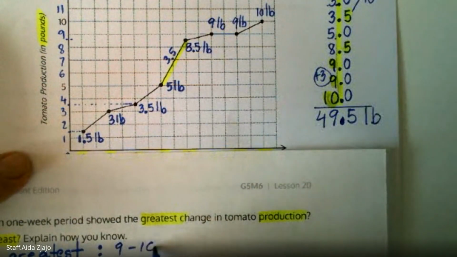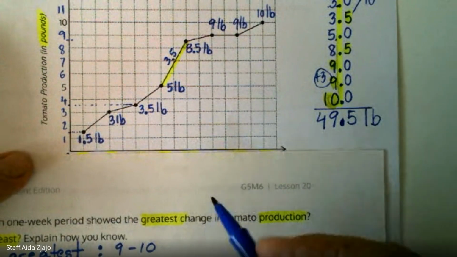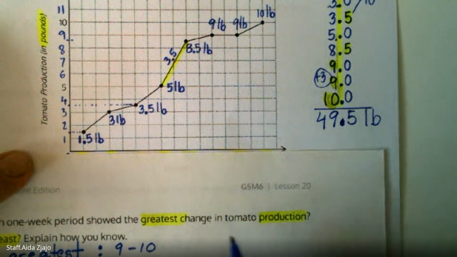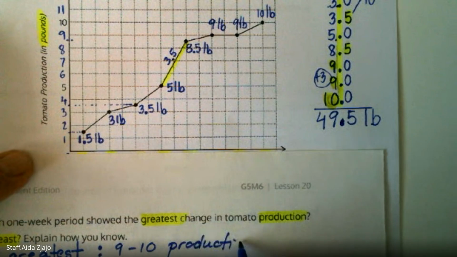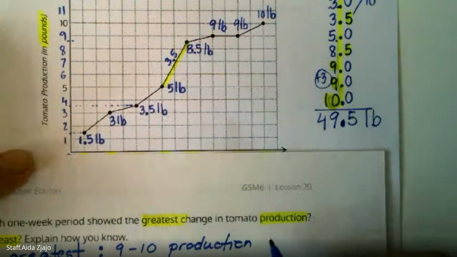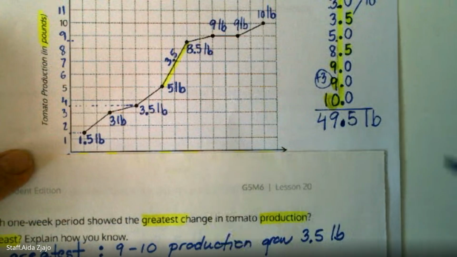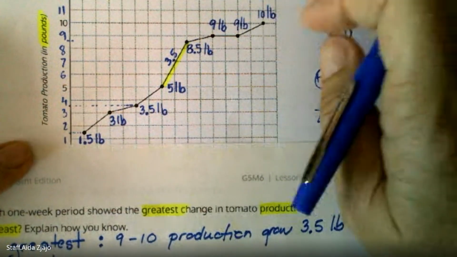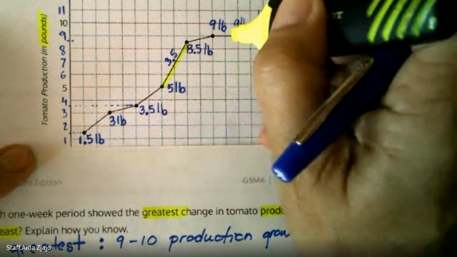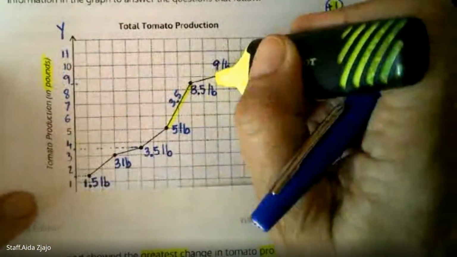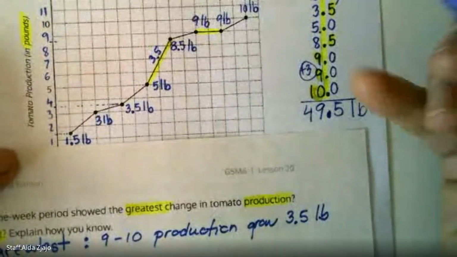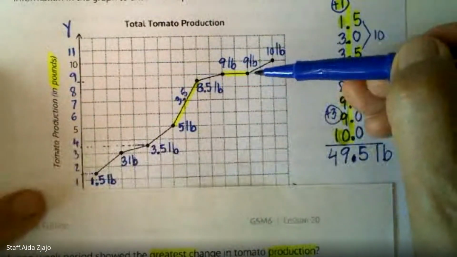From 9 to 10, production grew 3.5 pounds. Okay, and if you think least should be a 0, because from this week production did not change.